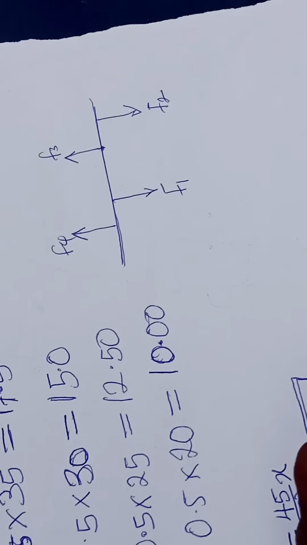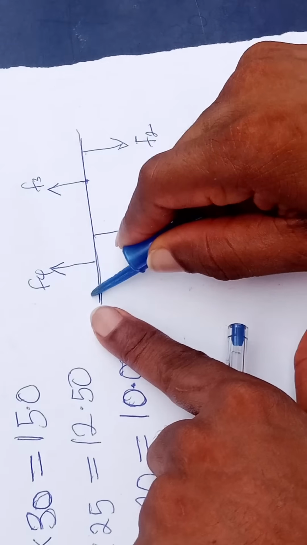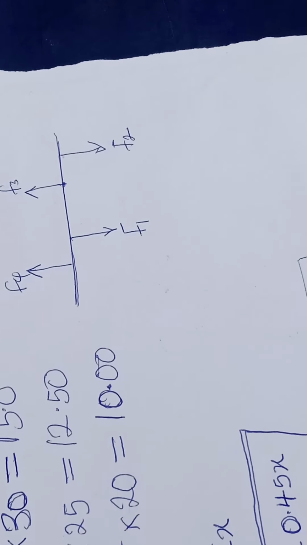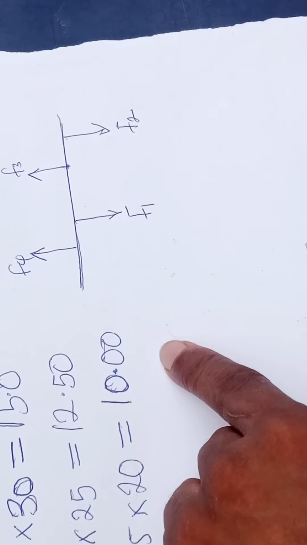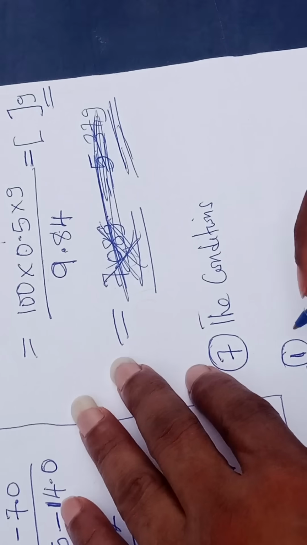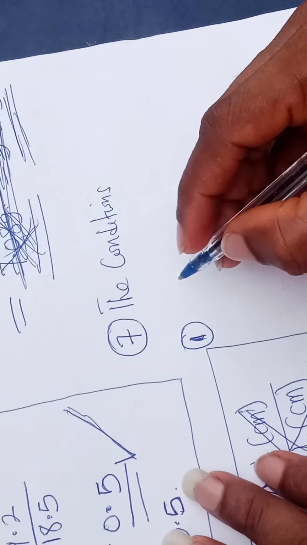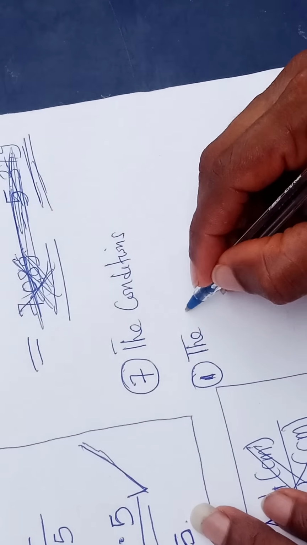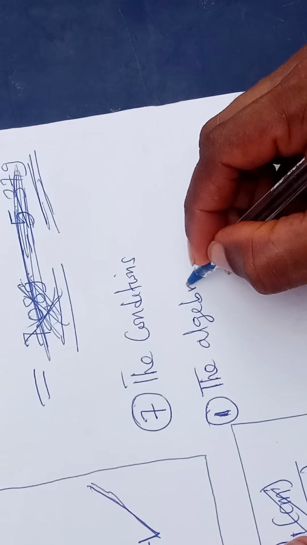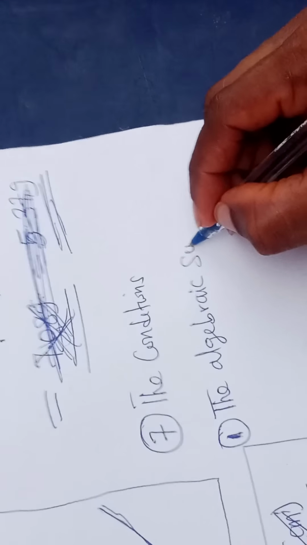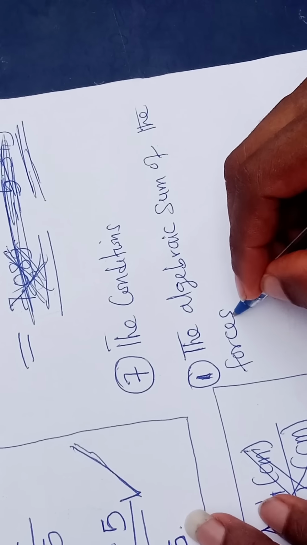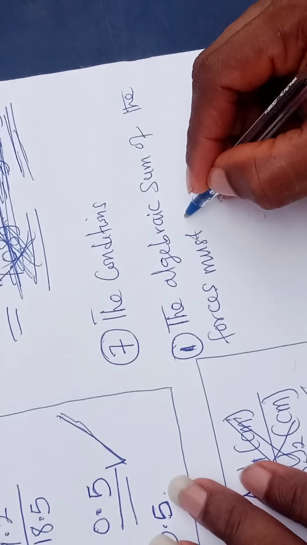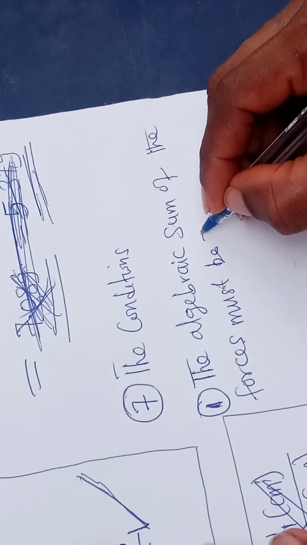So one of the conditions for this to be in equilibrium is that the algebraic sum of the forces must be 0. I will say 1: the algebraic sum of the forces must be 0.